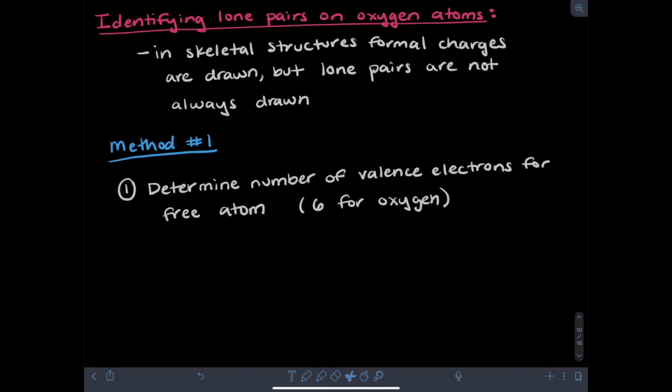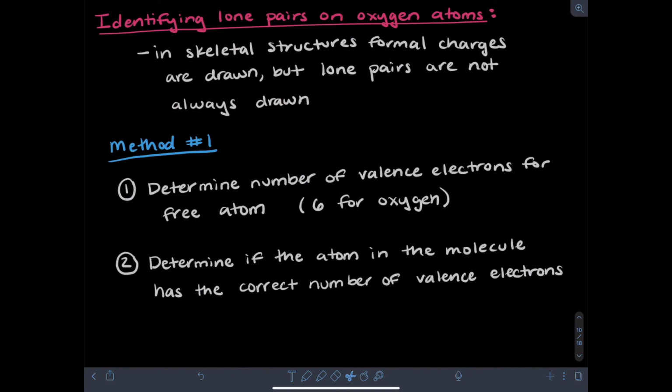The first method is step 1, figure out how many valence electrons you have for the free atom. In the case of oxygen, this will always be 6. And second, determine if the atom in your molecule of interest has the correct number of valence electrons.